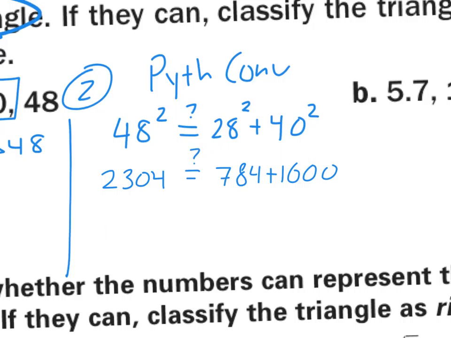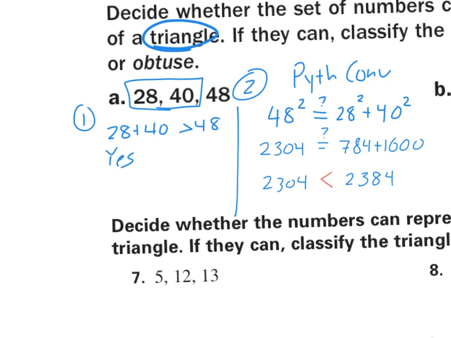Now we add those together to get 2304. And now at this point, I'm going to erase that because I could use a symbol there. So in this case, the C squared is less than. So my conclusion, first off, part 1 says, yes, it's a triangle, and part 2 tells me that it is an acute triangle. Yes, acute triangle. So that would be my answer.